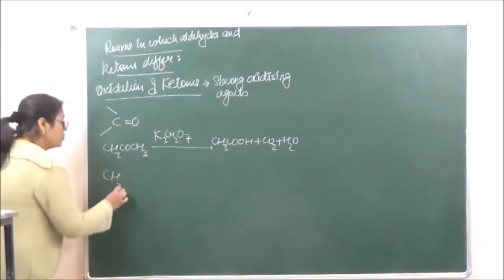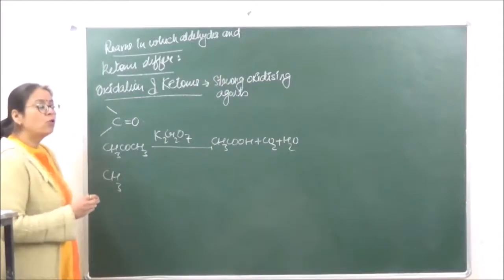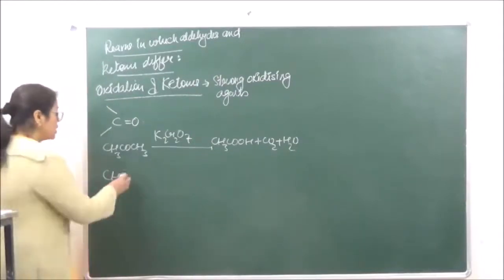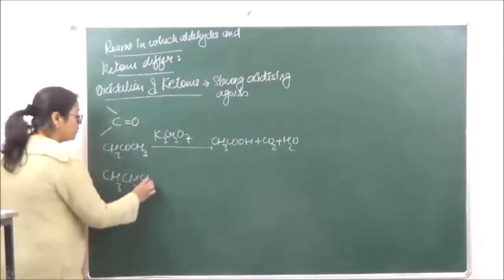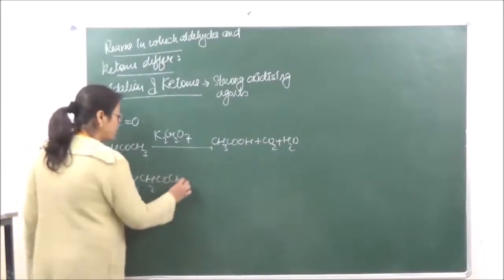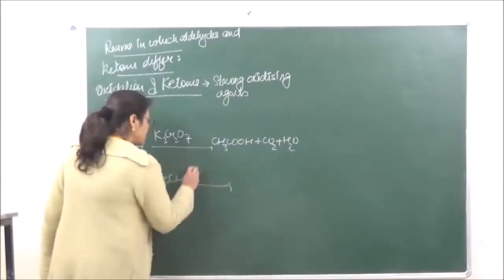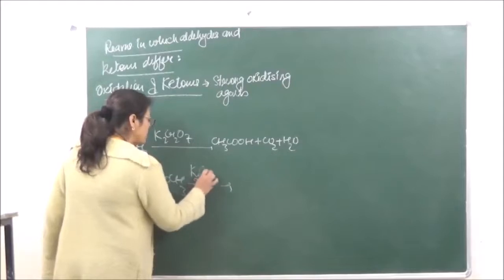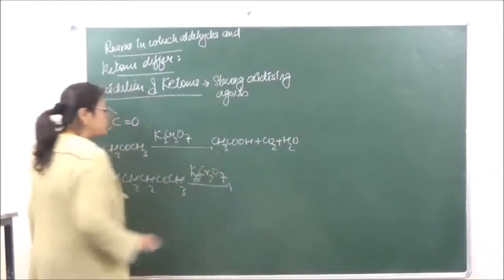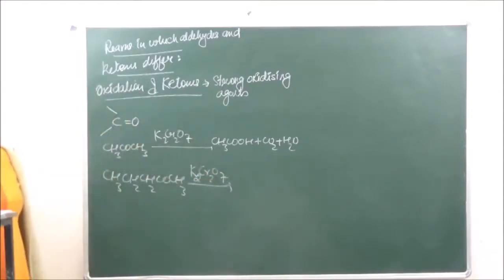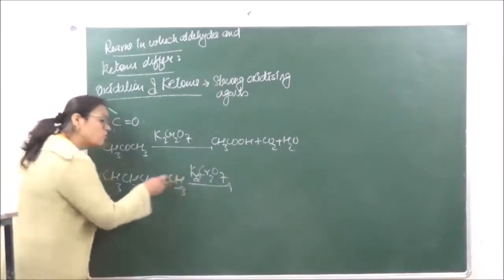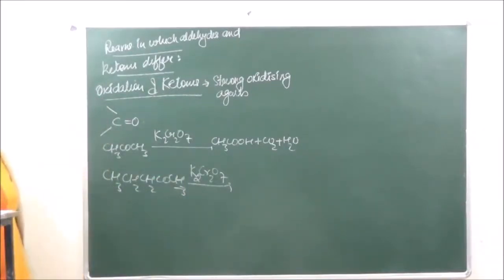And that is going to be governed with the help of a rule which is known as Popoff's rule. So let's explain what is Popoff's rule by taking an example over here. According to Popoff's rule, the carbonyl group will always stay with the smaller carbon chain.